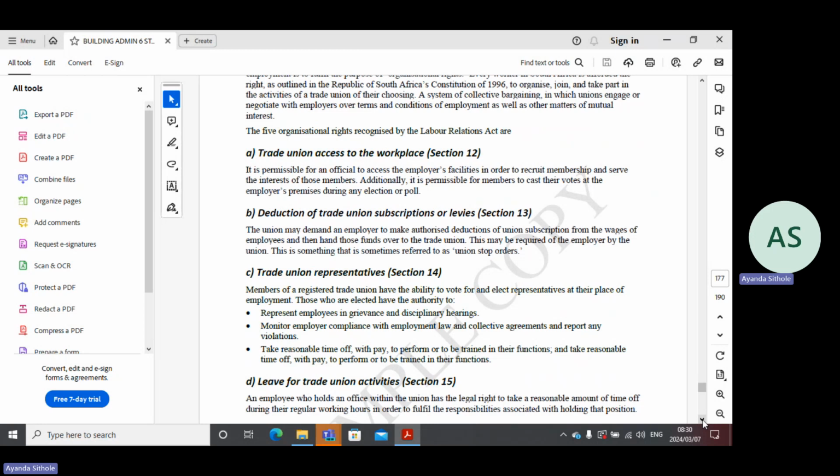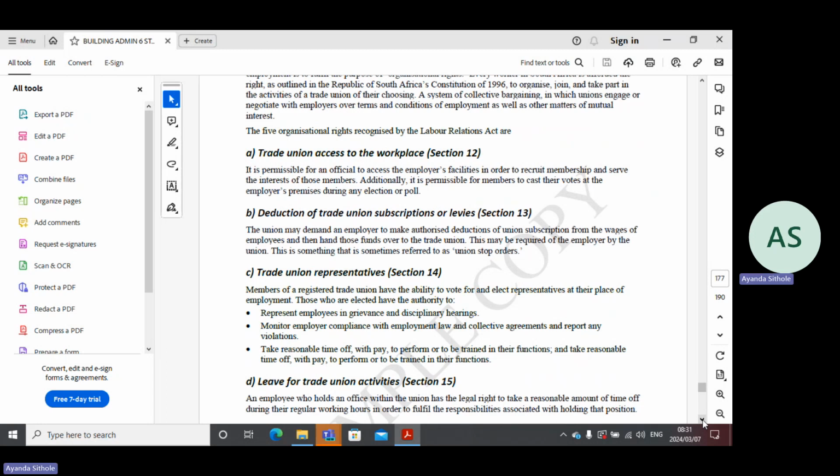They take reasonable time off with pay to perform or to be trained in their functions. So those are trade union representatives.